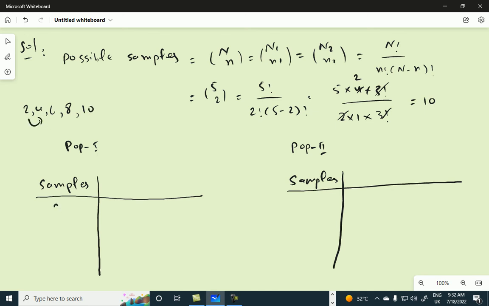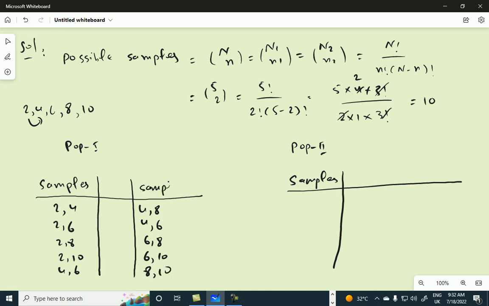The samples are 2,4; 2,6; 2,8; 2,10; then 4,6; 4,8; 4,10; then 6,8; 6,10; and 8,10. So, these are the possible samples in the case of population 1.